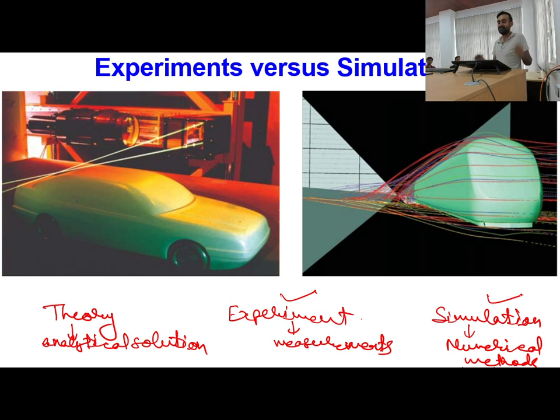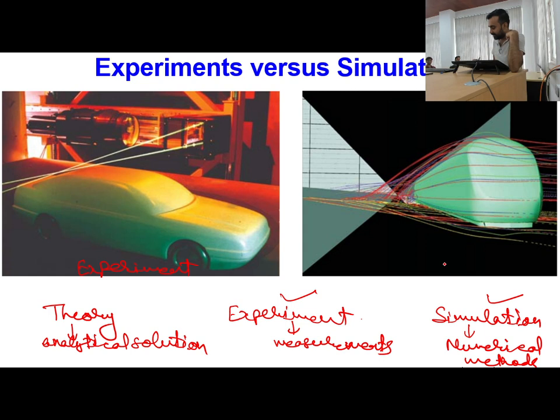In order to give a comparison between experiment and simulation, I have given you on the left side an experimental picture where a prototype of a car is given, and over this you can see laser rays coming out. This is the laser setup of laser Doppler anemometry. Here they employ lasers and optical techniques to determine the flow field around this car.